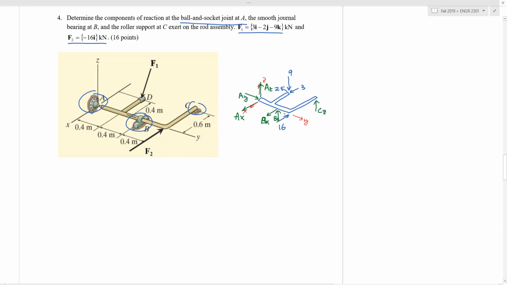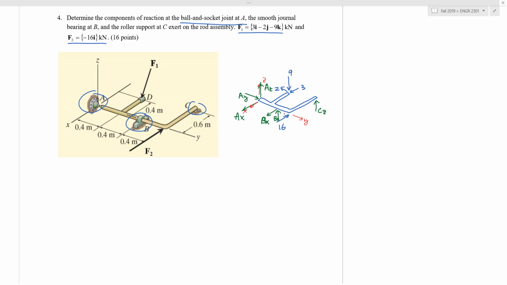If the journal bearing is used by itself, it also does not allow rotation, therefore it will also provide moment support. However, because this journal bearing is used together with other supports, in this case, you do not need to rely on the journal bearing to provide the moment support. Therefore, it does not have moment support in this case.